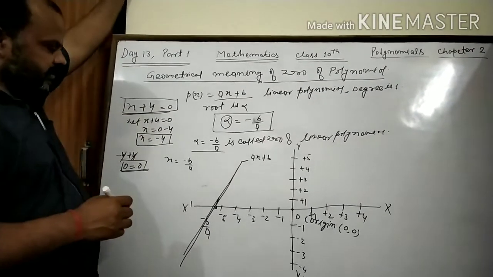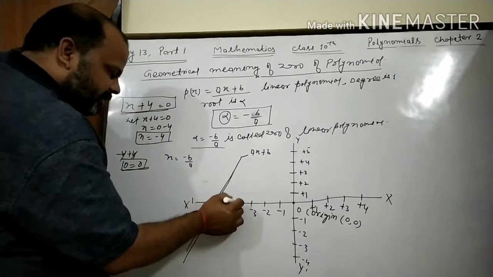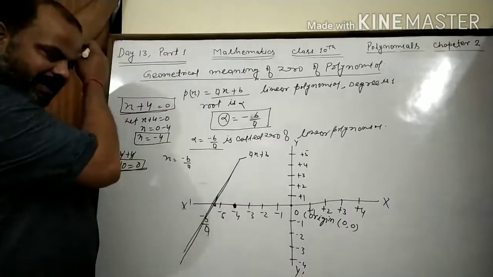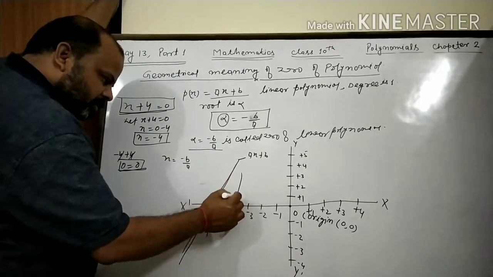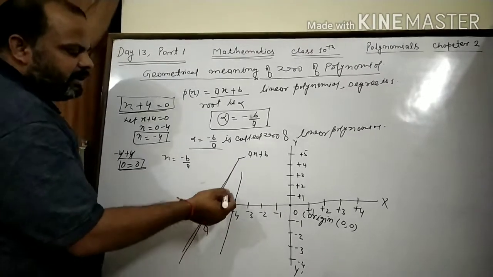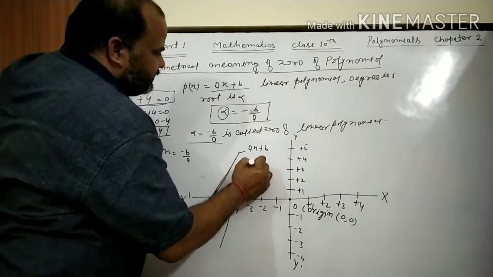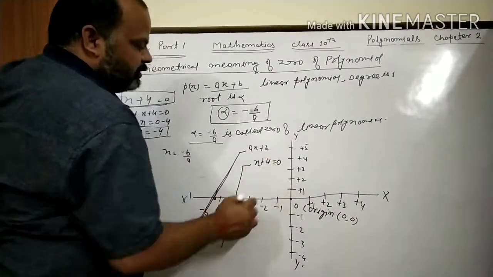It means if you represent this equation on the graph, then it is at -4. Then the graph of this line passes through -4. It will be like this, a straight line, and the equation of this line is x plus 4 is equal to 0.